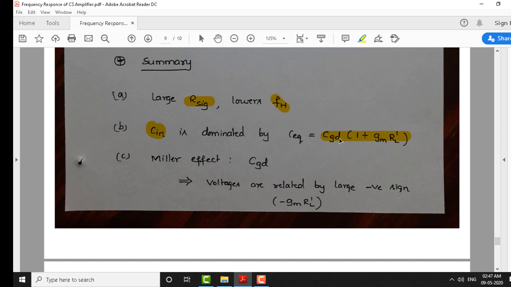That's again a drawback. The other capacitance is eliminated, as CGS is a small quantity and gets neglected. But the Miller capacitance, since it gets multiplied with the gain, becomes the dominant one.